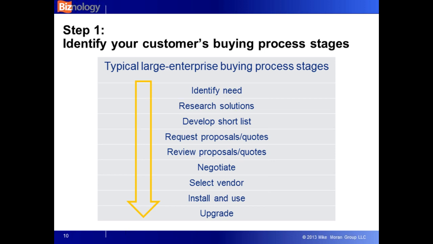Fortunately, in the B2B world, the buying process tends to be pretty easy to discern. Here's an example of a large enterprise typical buying process, and you'll want to change this up based on the behavior of your various target audiences. You might want to organize it by company size or industry, or even the type of person or buyer in the target.